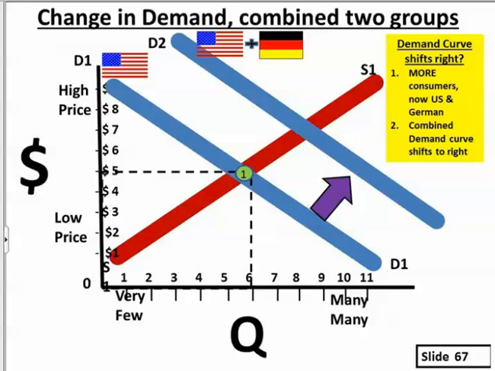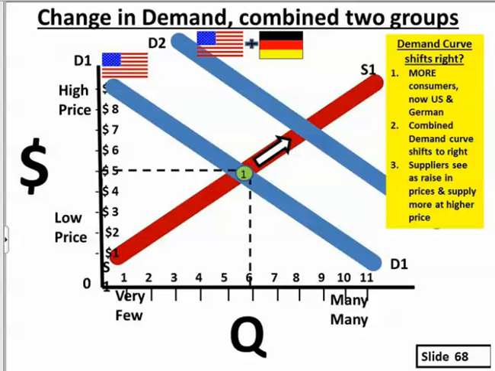And what the suppliers see is that when that curve shifted to the right, they see that as bidding up of the price, so that now the consumers are demanding more at every price, and the suppliers are now willing to supply more at that new higher price.